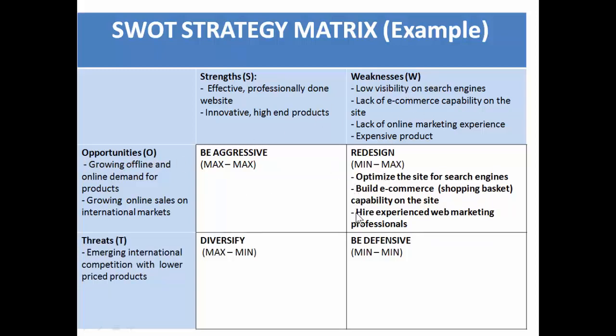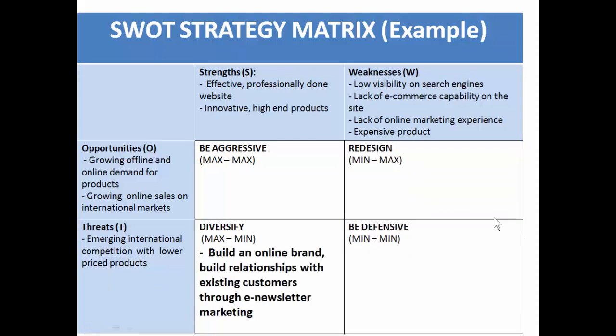So here are three different groups of tactics that can help you address your weaknesses and redesign your business in order to take advantage of those opportunities. For example, you might want to optimize your website for search engines. You might want to build a shopping basket on your website, and you might want to hire experienced web marketing professionals.